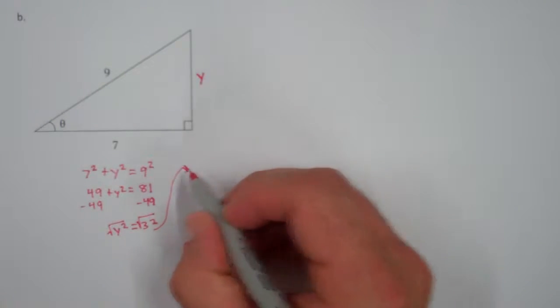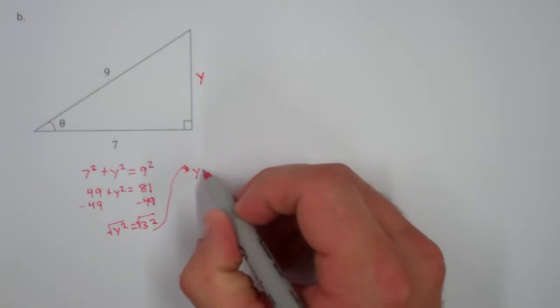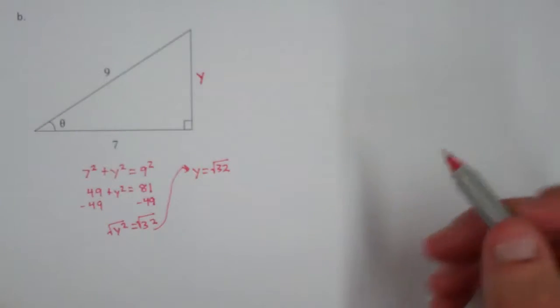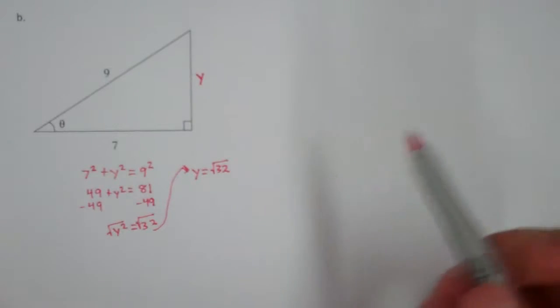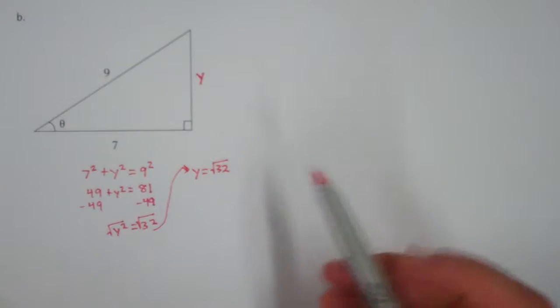We'll work that up here so that you can see that on the video. And that's going to be just the positive value of the square root of 32. Great idea to simplify this. That'll help us later in simplifying some of our fractions. So I'm noticing that 32 can be divided by 16, which is a perfect square.